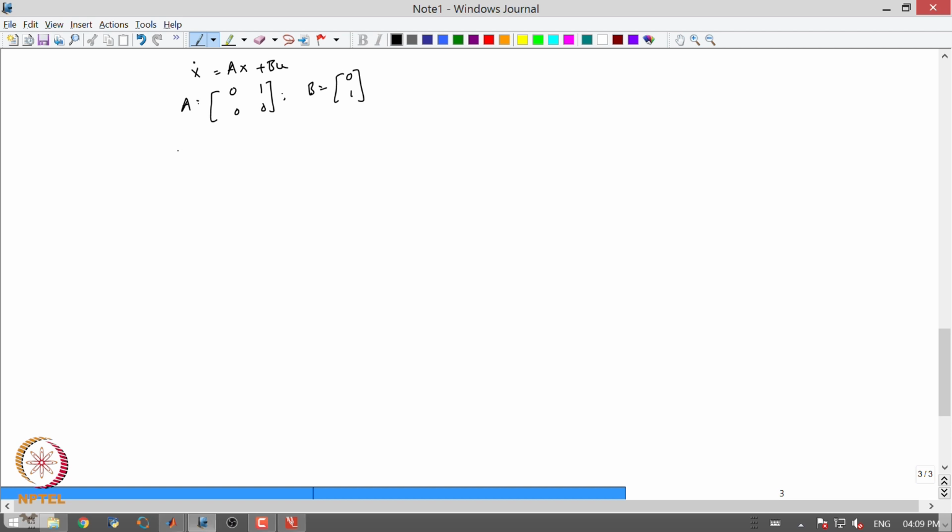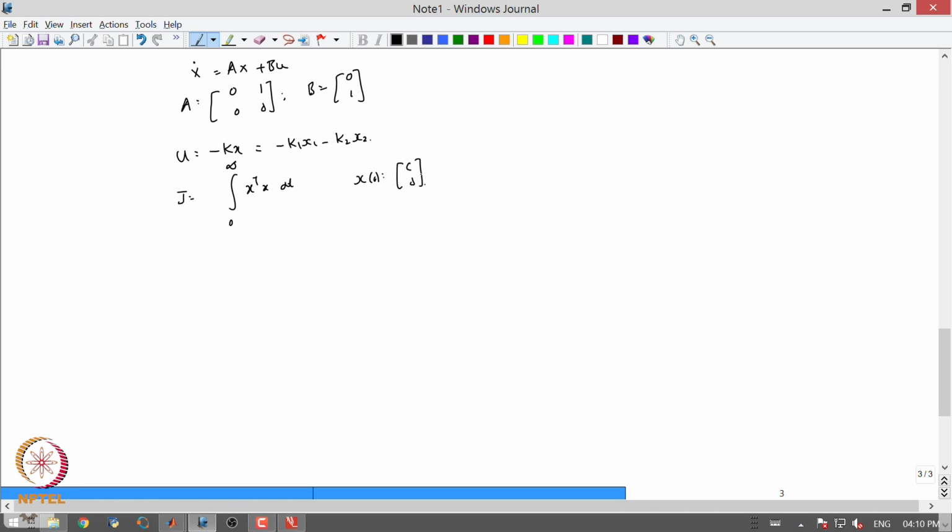So, assume u equal to minus kx is of the form minus k1 x1 minus k2 x2. Okay. And let us say, well, I have a little easier looking cost function to be minimized, that is integral 0 to infinity x transpose x dt. Okay, and for some initial condition x naught, I just say c and 0.